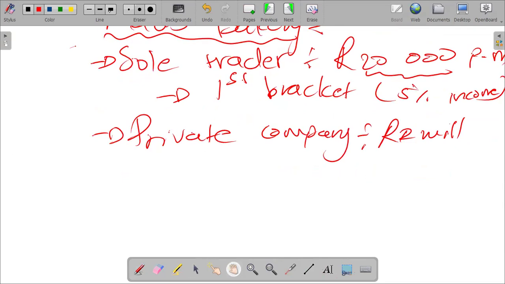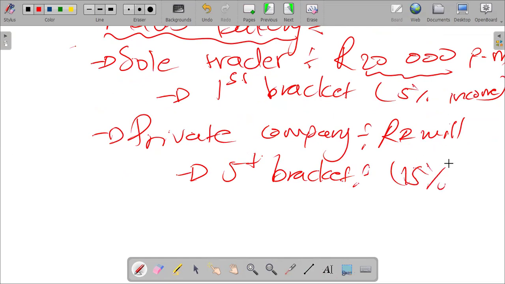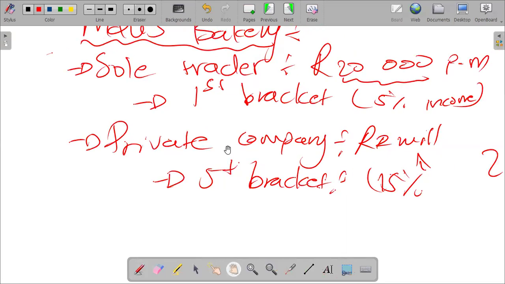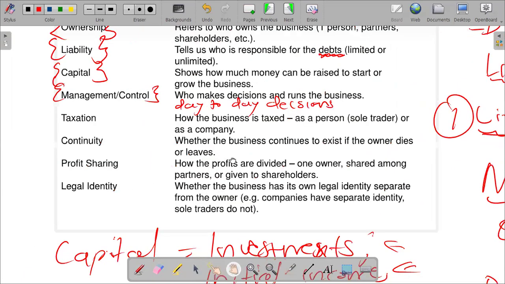Now the taxation will change according to the amount it makes. Now they will go to maybe the fifth bracket, which will now be 15% of the income. So you'll be taxed according to the business that you run as an owner, right?